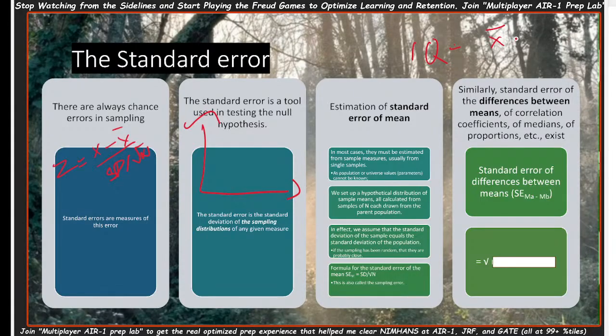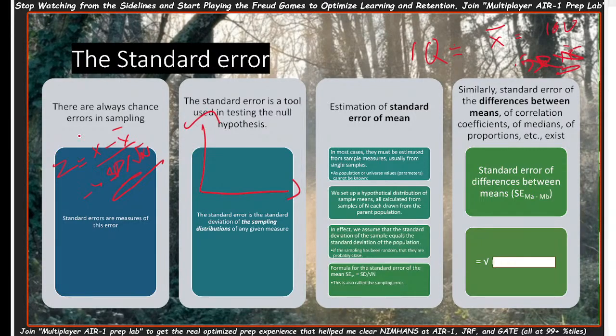In IQ, the population's mean is usually 100 and SD is usually around 15 in most of the IQ tests. So we don't actually have to calculate SD for the population because the population's SD is given here. In case we do not have this, we'll have to calculate it using the sample's SD in this formula.